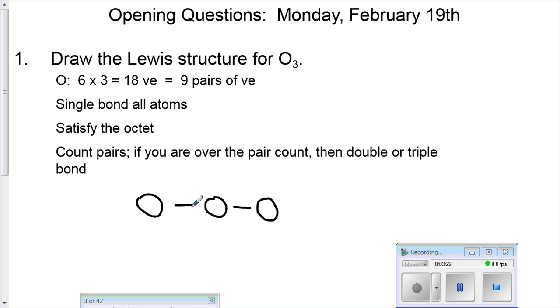So right now the oxygen atom in the middle has 4 valence electrons. If I add 5, 6, 7, 8, it has an octet. I'll continue to do that around the other oxygens. Now the oxygen on the right end has 8. I'm going to do the same thing to the oxygen on the left.